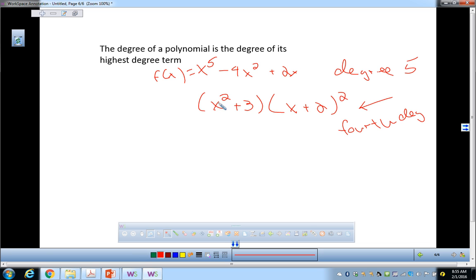My highest degree term is going to be an x to the 4th. You understand that? Looking kind of confused there, Alex. I get it. Okay, so this is fourth degree. Cubic is third degree, and so on and so forth. Questions about that degree?